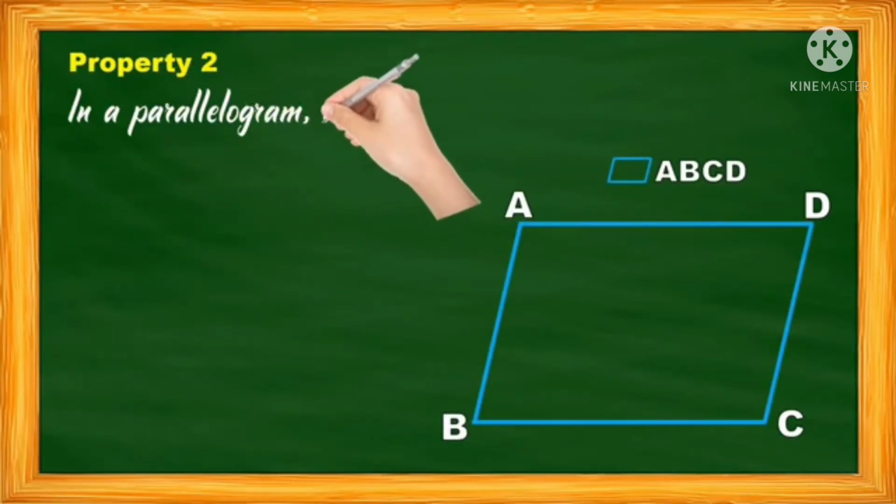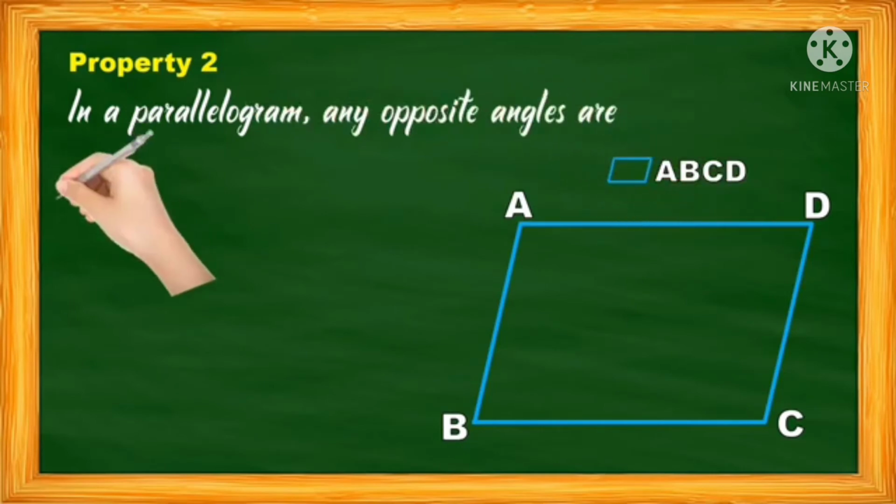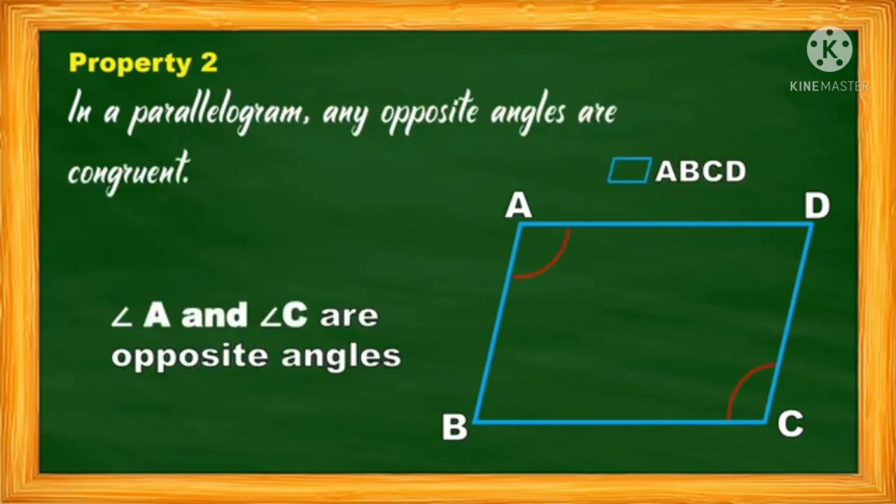Let's go to property number 2. In a parallelogram, any opposite angles are congruent. Angle A and angle C are opposite angles, and the measure of angle A is 97 degrees. What is angle C? That's correct.